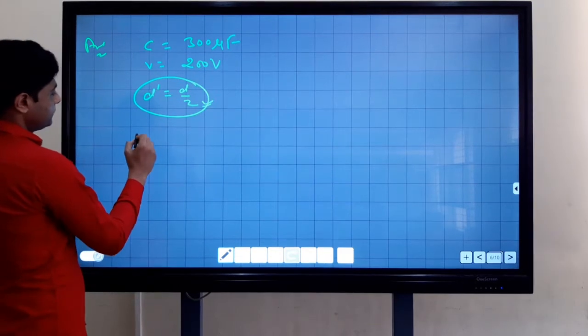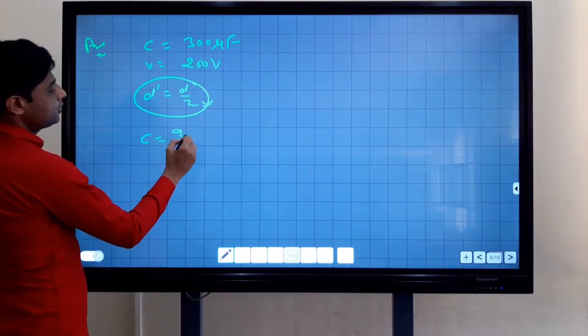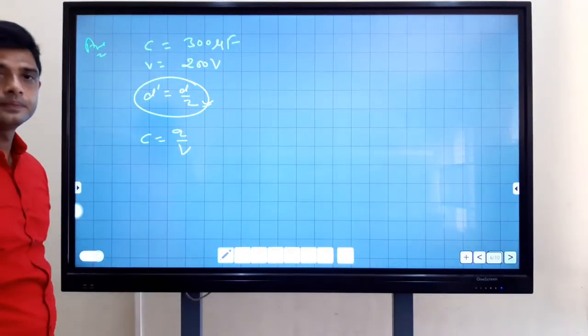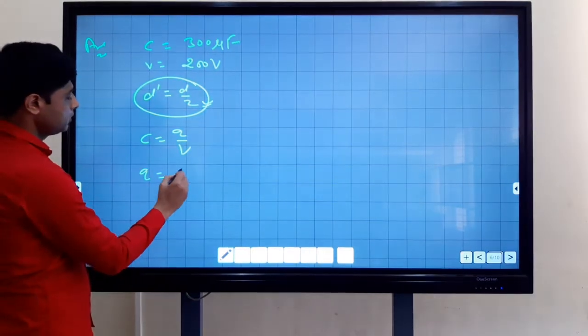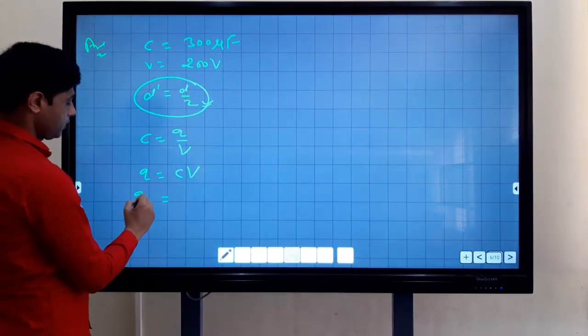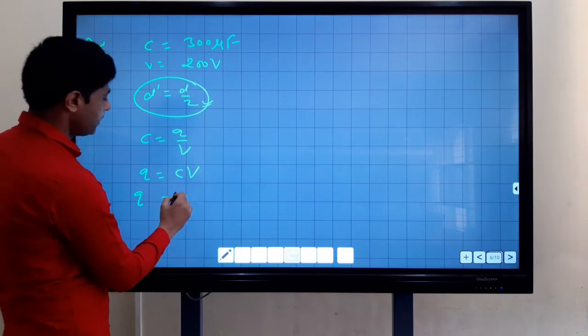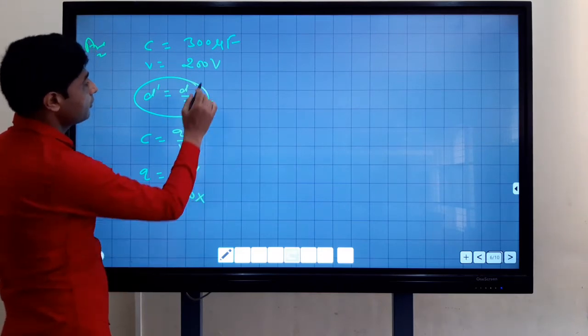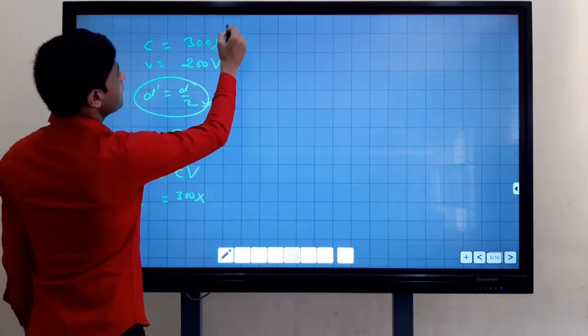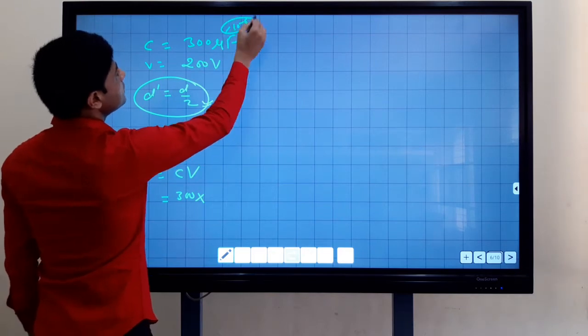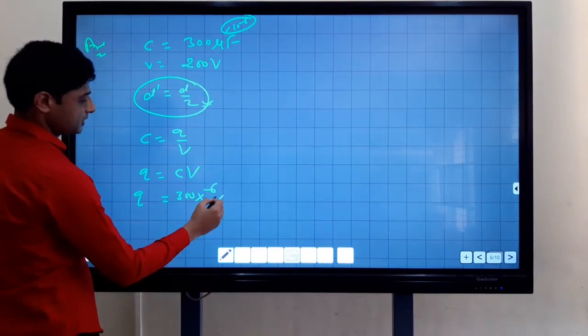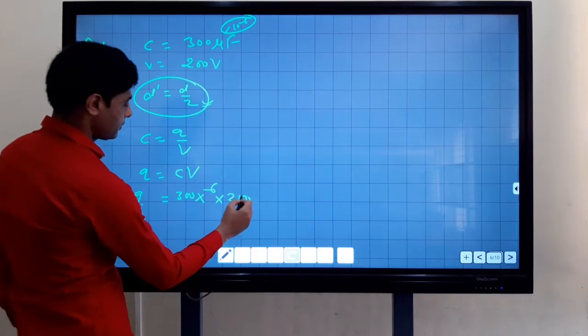As you know, C is equal to Q upon V. So Q equals CV. The value of C is 300 microfarad. 300 microfarad means multiply by 10 to the power minus 6, and the voltage is 200.